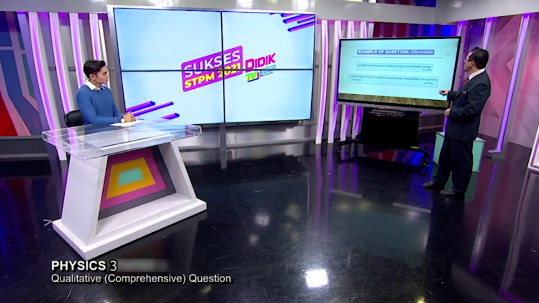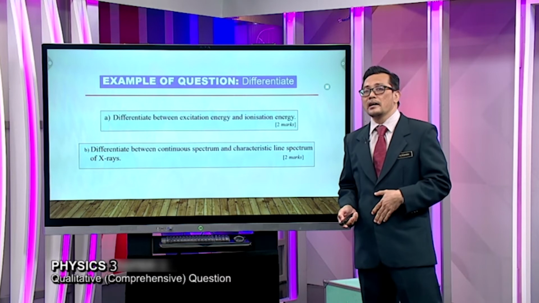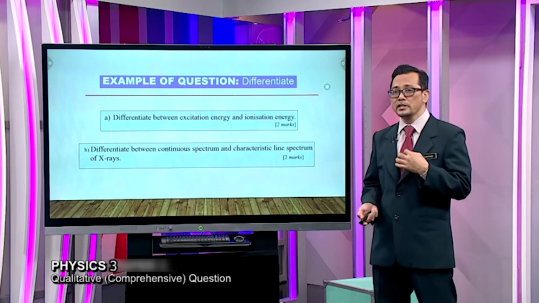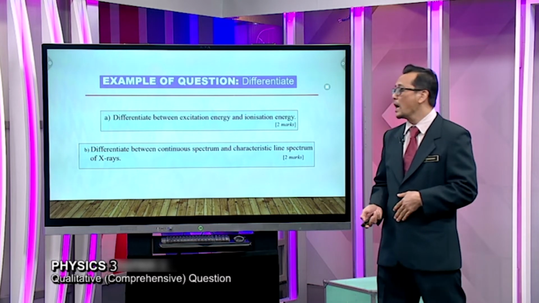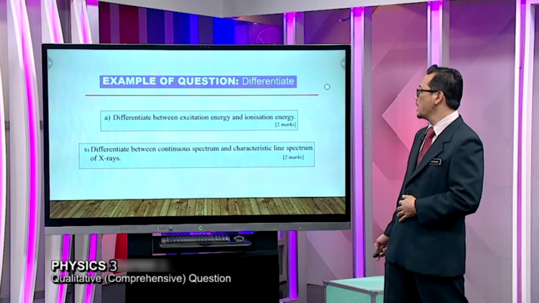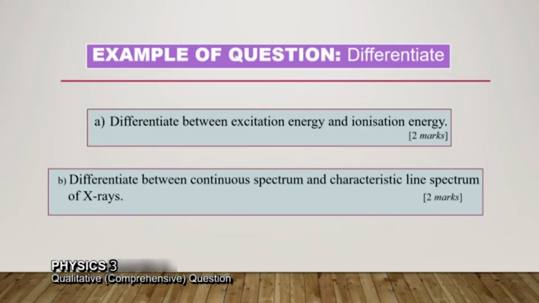So let's look at the other questions: differentiate or distinguish. Now I have two questions here. Question A: differentiate between excitation energy and ionization energy. Question B: differentiate between continuous spectrum and characteristic line spectrum of X-rays.